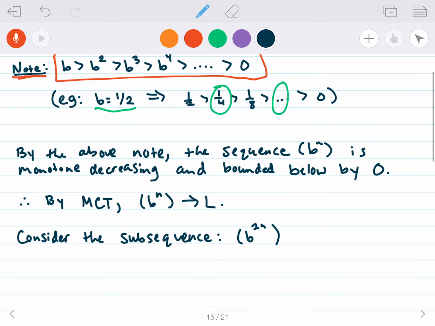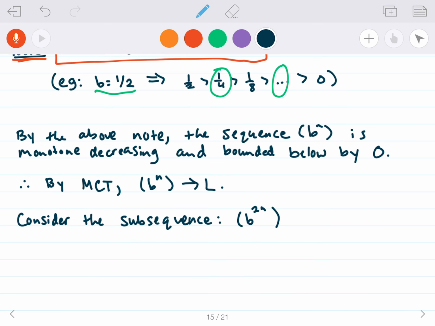So, what's the point? All right, the point is that we know that our original sequence converges to L. We're not sure exactly what L is, but we can use the fact that the subsequences are all going to converge to the same limit as well.